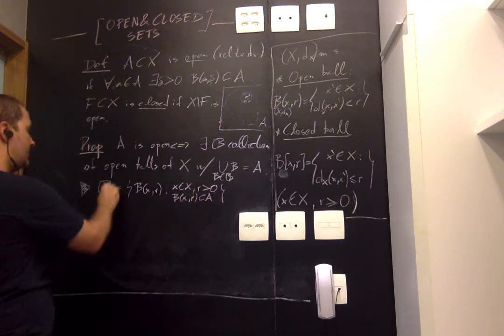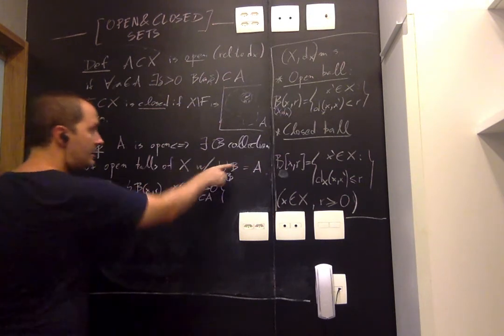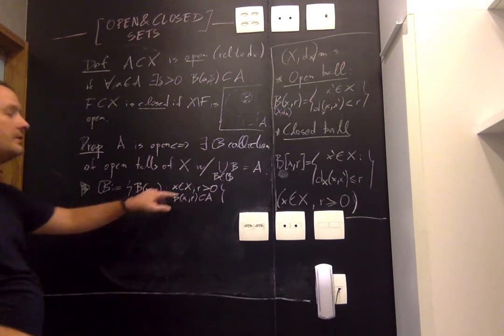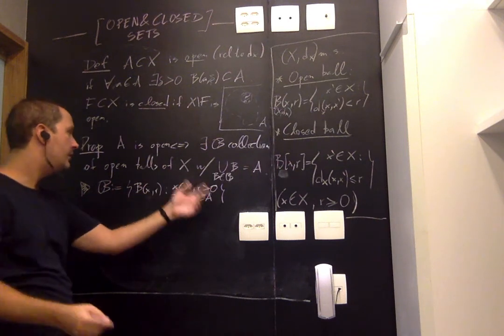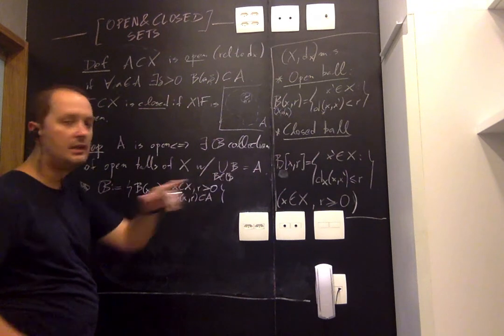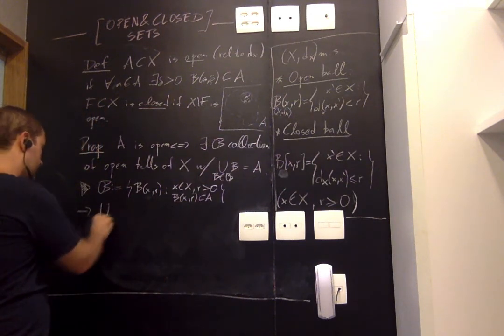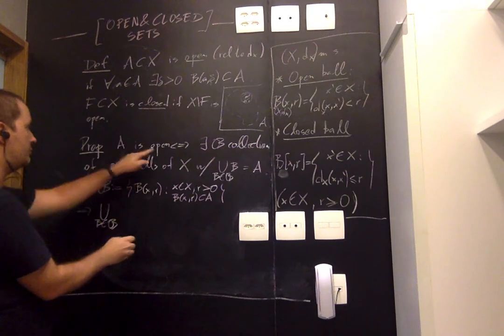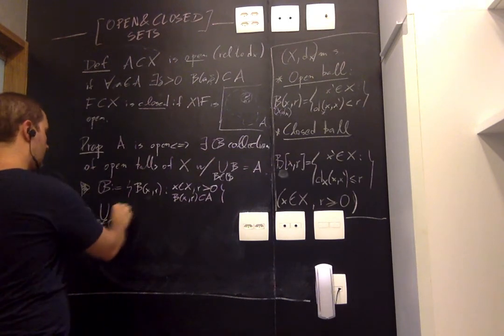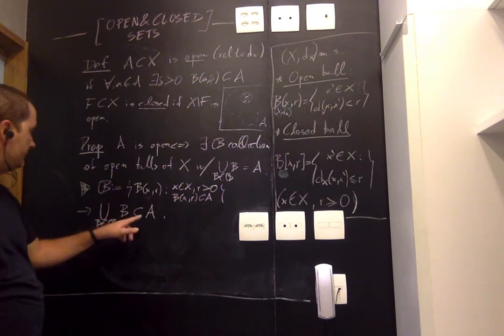So let me define B. All of these are open balls contained in A, so they're sets contained in A, and it follows from standard set theory that the union of sets contained in A is also contained in A. So far I haven't really started proving this.